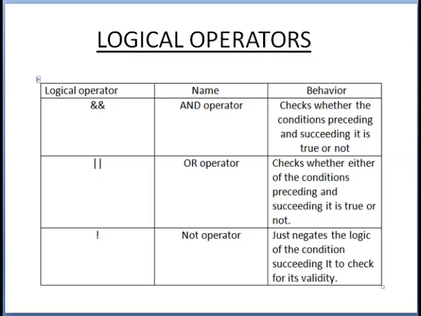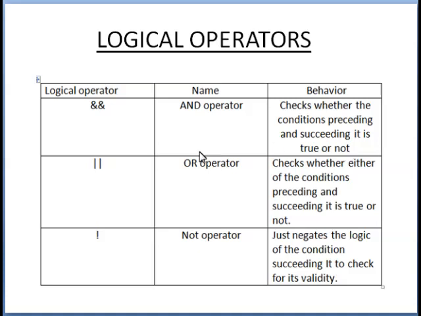Next is logical operators. A logical operator is an operator which connects two or more relational operators. This is called the AND operator, which checks whether the conditions preceding and succeeding it are true or not.